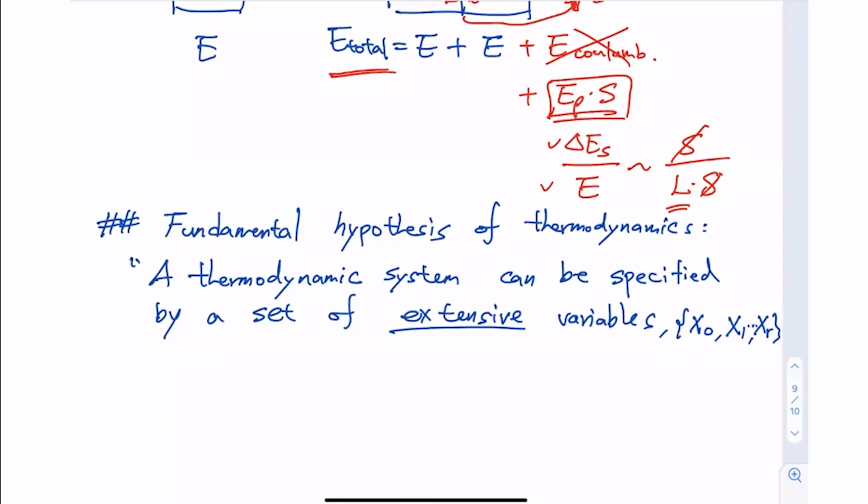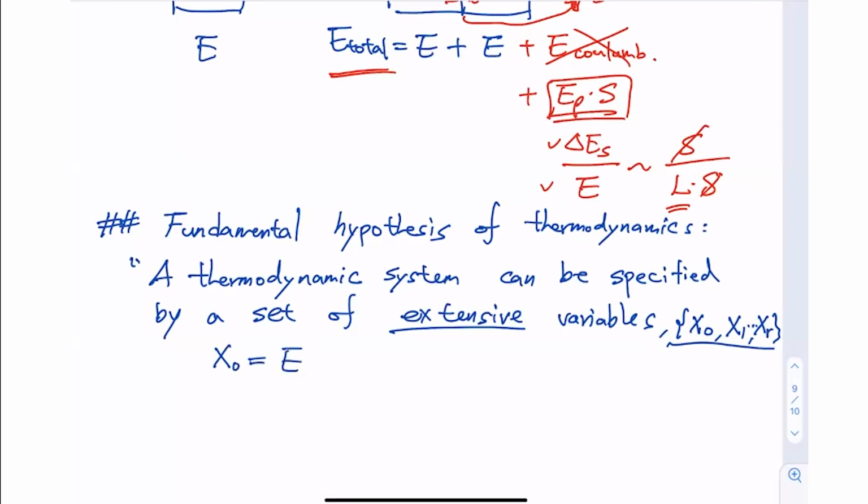That is basically, a thermodynamic system can be specified by a set of extensive variables. So we will use this abstract notation x0, x1, to xr, which means that you can have r extensive variables to specify your thermodynamic system. Usually the convention is that x0 is the most important one. Usually we specify it as the energy.